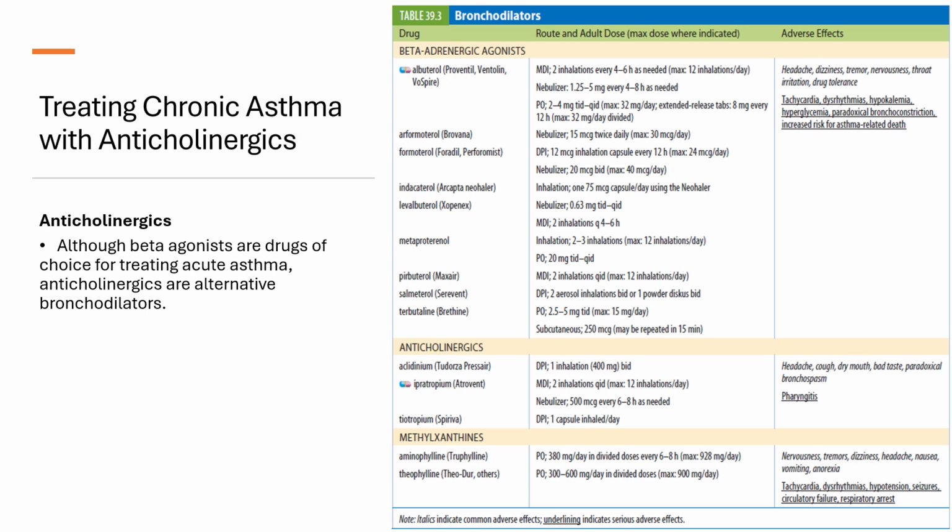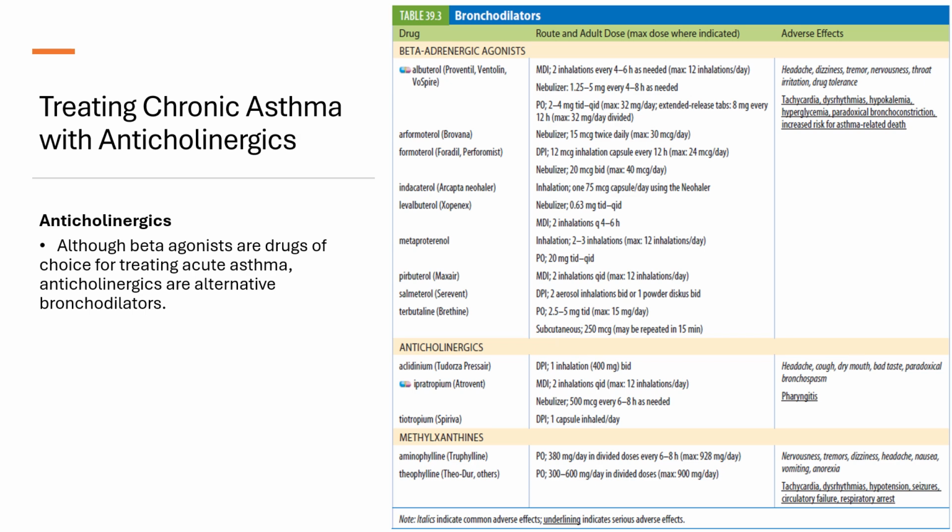However, combining ipratropium with a beta agonist produces a greater and more prolonged bronchodilation than using the drugs separately. Taking advantage of this increased effect, Combivent is a mixture of ipratropium and albuterol in a single MDI canister.